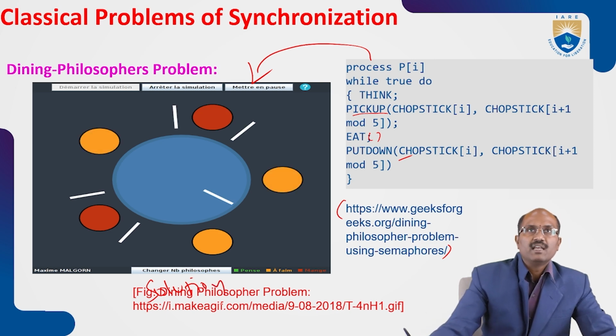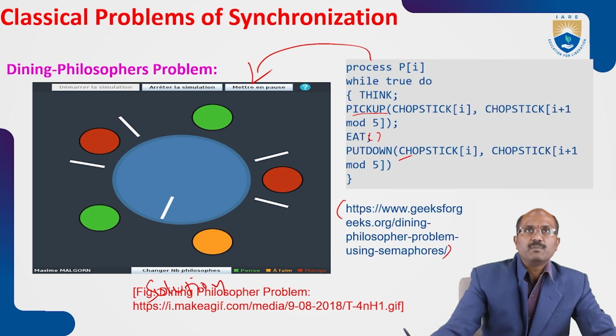Let me show how the chopsticks change, as seen in this figure. See, a philosopher takes two chopsticks and the others must wait, so only two philosophers get a chance to eat. Let me change the chopsticks from one philosopher to another, as seen in this figure.